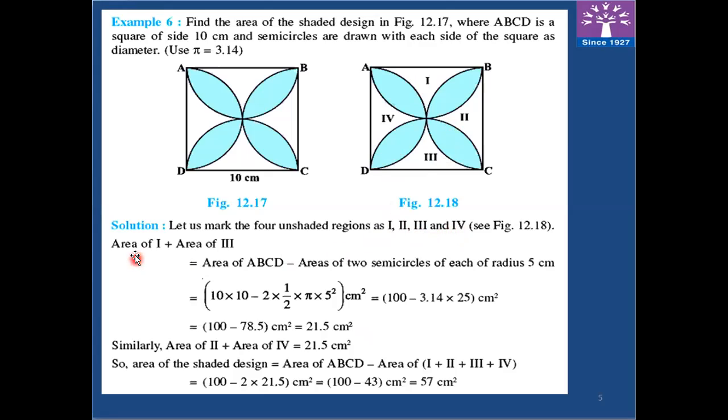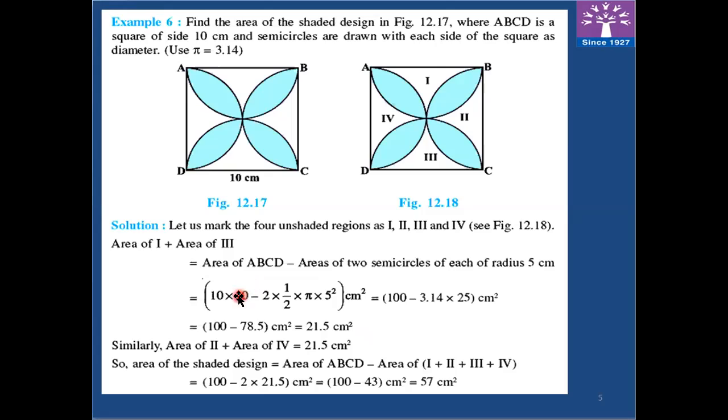If I need the area of marked number 1 and the area of marked number 2, then I can find out that area by the square's area ABCD minus the area of the 2 semicircles of radius 5, because here the side length is 10. So the diameter of the semicircle will be 10, radius becomes 5.